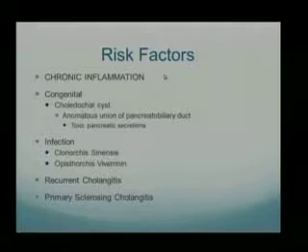So risk factors for bile duct cancer, again, just like gallbladder cancer, the pathogenesis is from chronic inflammation, which could be from choledochal cyst, congenital. And the important thing with choledochal cyst, we all know the Todani classification. There are 5 different types of choledochal cysts.